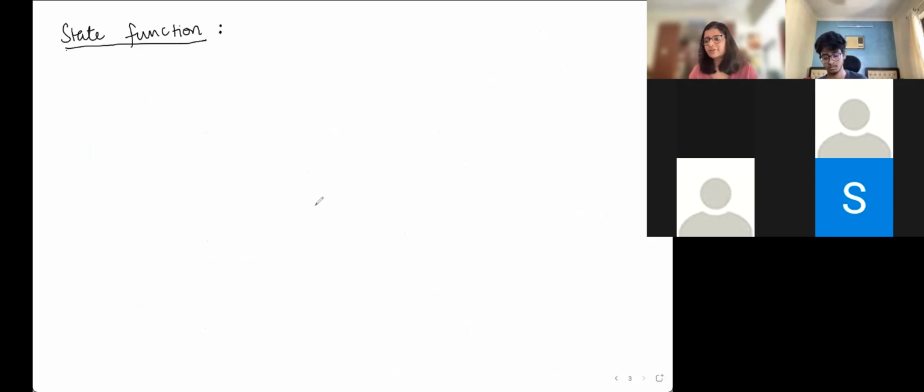Now coming to state functions. State functions describe the state of a particular system, and that particular state doesn't depend on how you arrived at it.